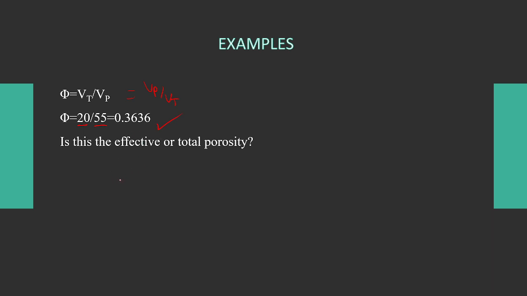And the question is asking whether this is the effective or the total porosity. So if we think about it, we had our dry sample, and when we saturated it, it was now filled with fluid. So the porosity we calculated was the porosity based on the pores that were filled with fluid. For that to happen, it means that fluid should have found a way to get into those pores.